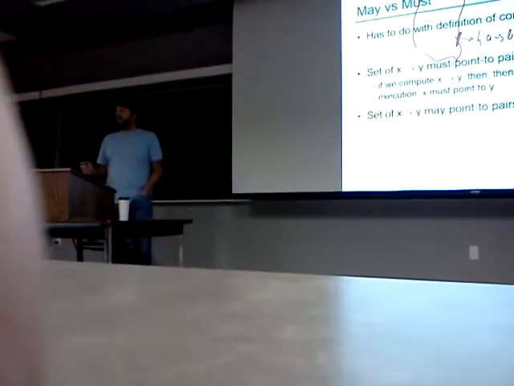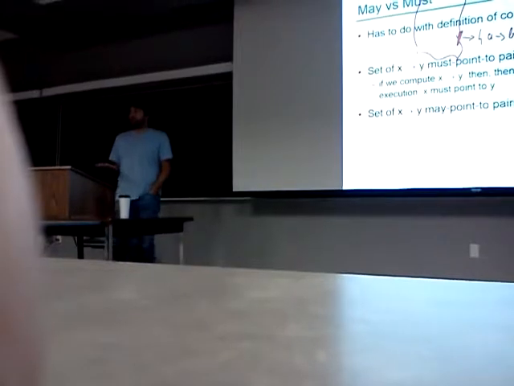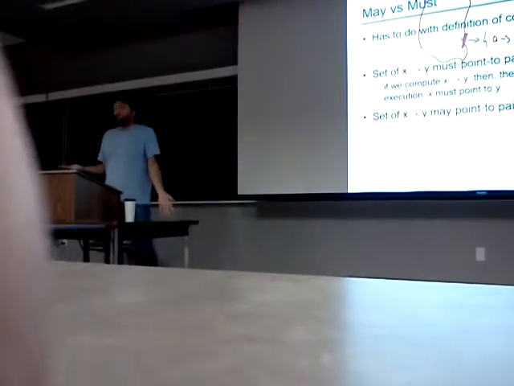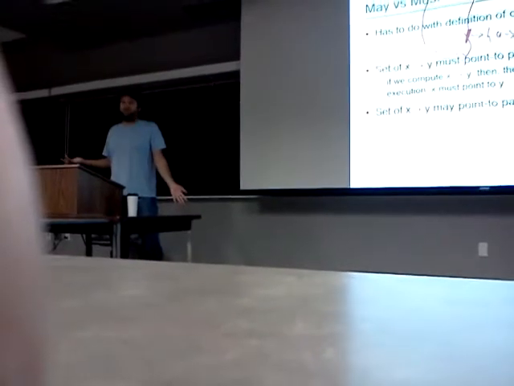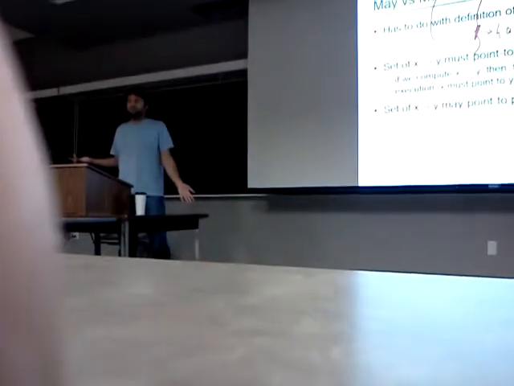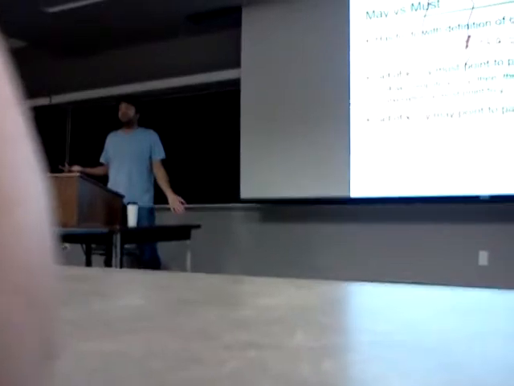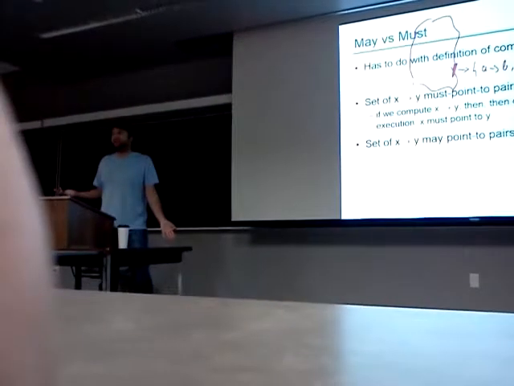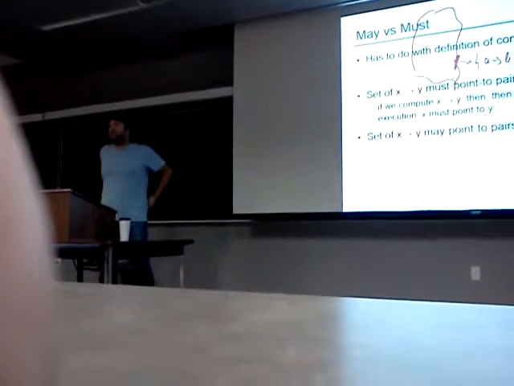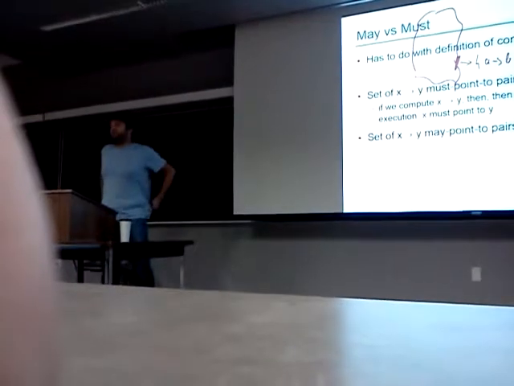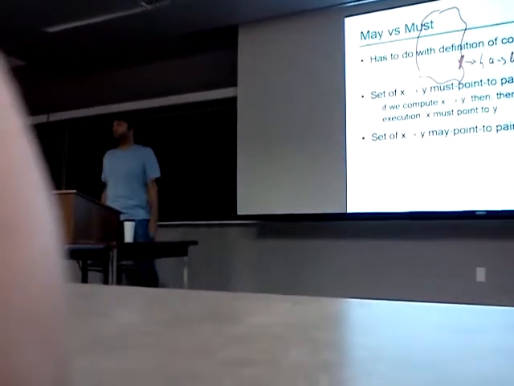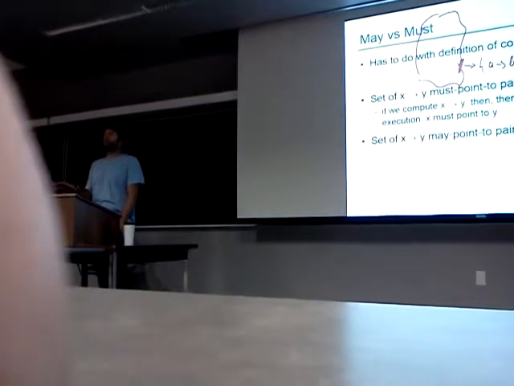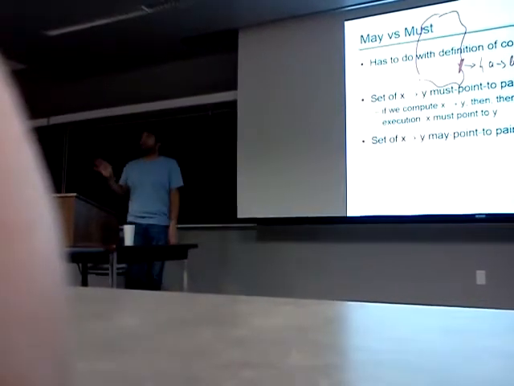What do you think it should be, if it's returning the empty set in a may point to analysis? It doesn't point to anything. For example, it's an integer or a string, something that will not point to anything. Or it's null, although null is a bit confusing.